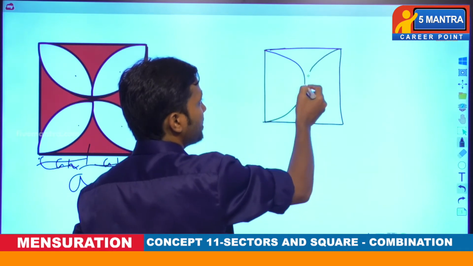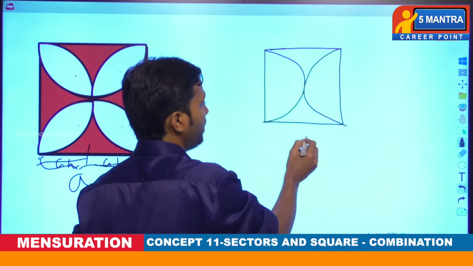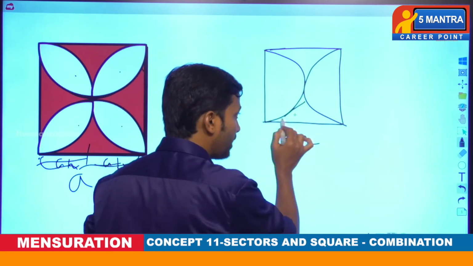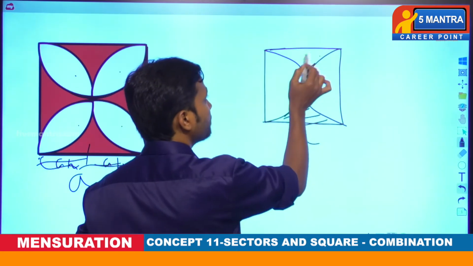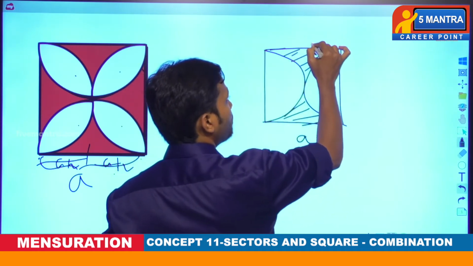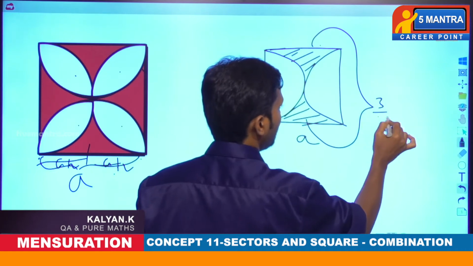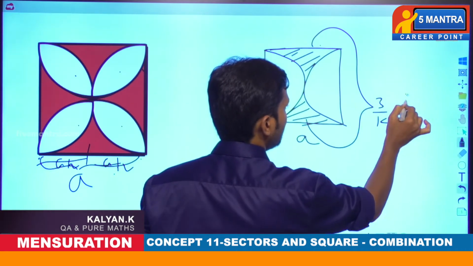When a square is there and 2 semicircles are inserted into the square, where the side of the square is A, then how much would the area of these 2 gaps be? According to that technique, these 2 gaps' area would be 3 by 14 A square.